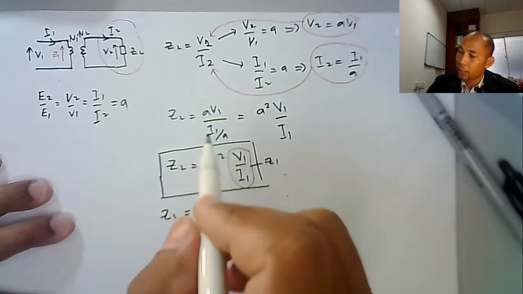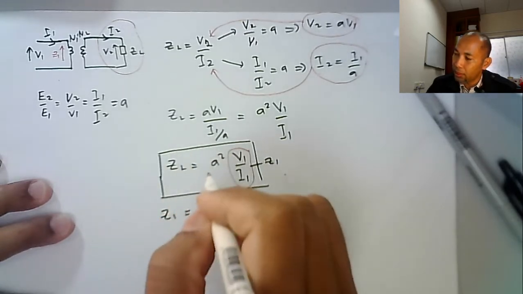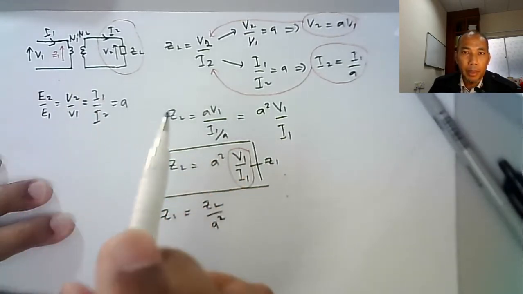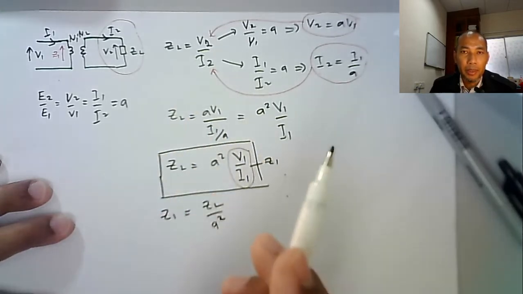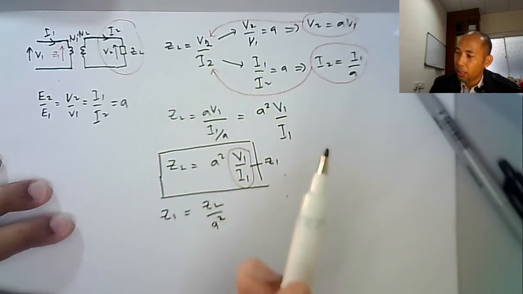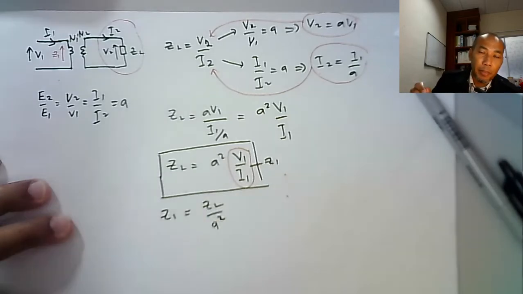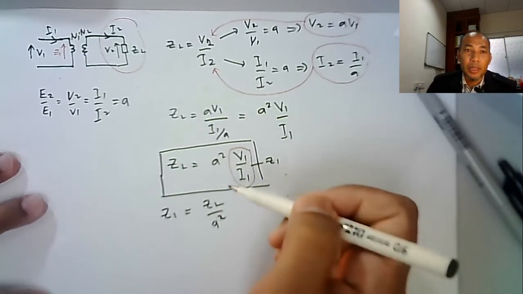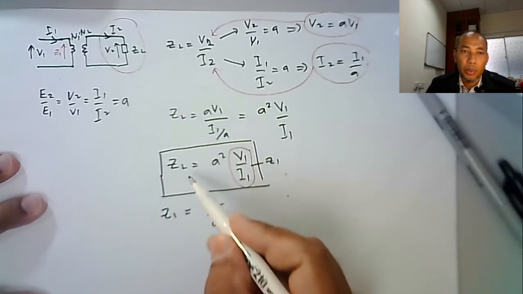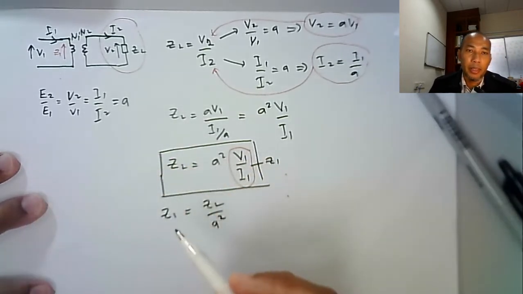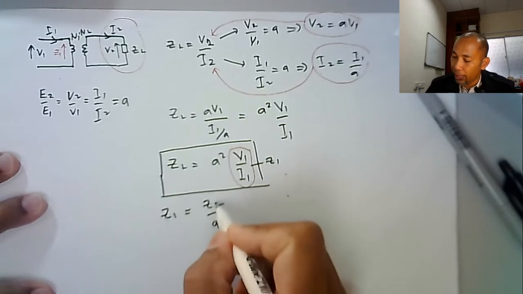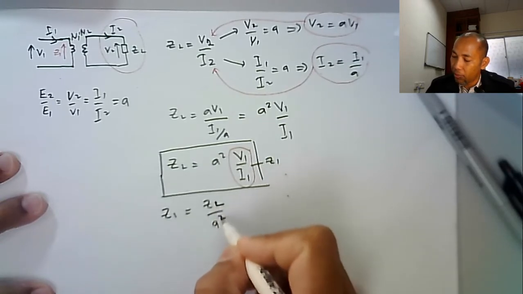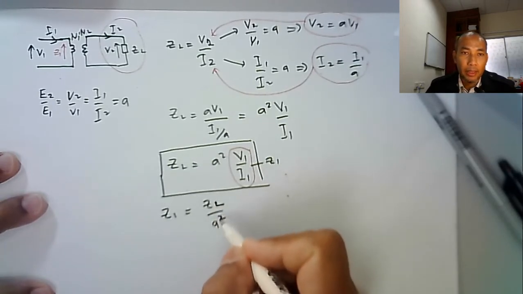We can write the secondary impedance in terms of the primary. We can transfer the load impedance to the primary, equal to ZL divided by A square.